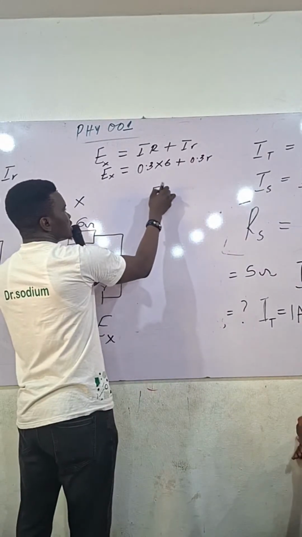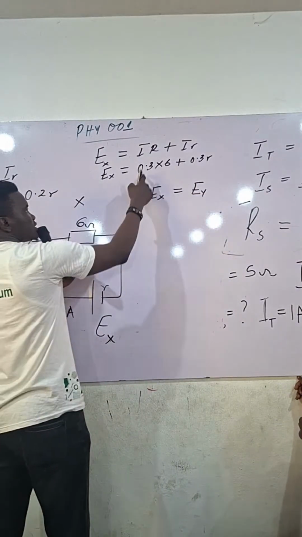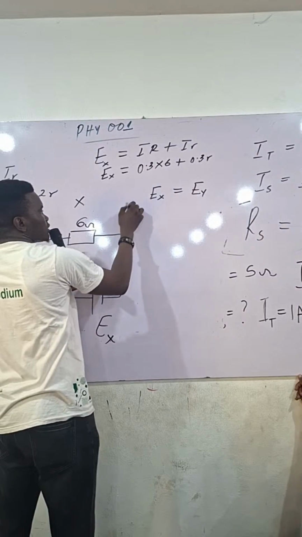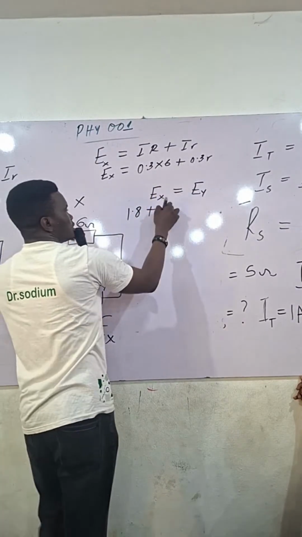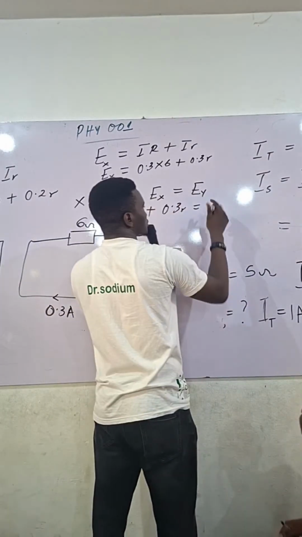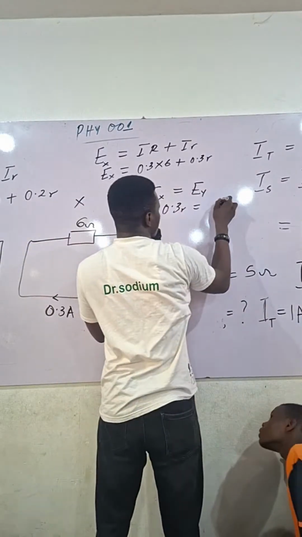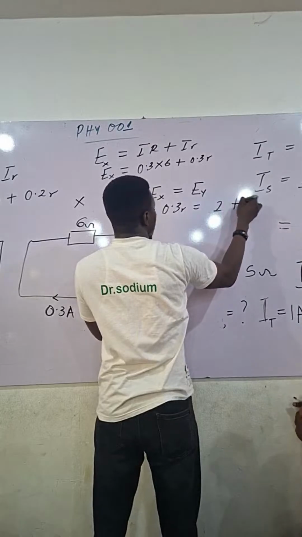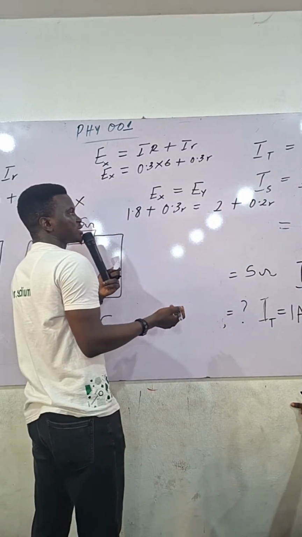So I can say EX is equal to EY. What's my EX? 0.3 times 6 is what? 1.8, plus 0.3R equals EY. So 0.2 times 10, that's 2, plus 0.2R. The rest is mathematics.